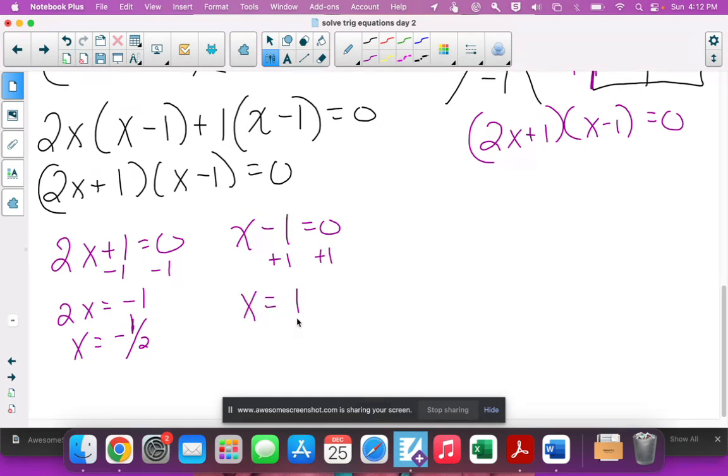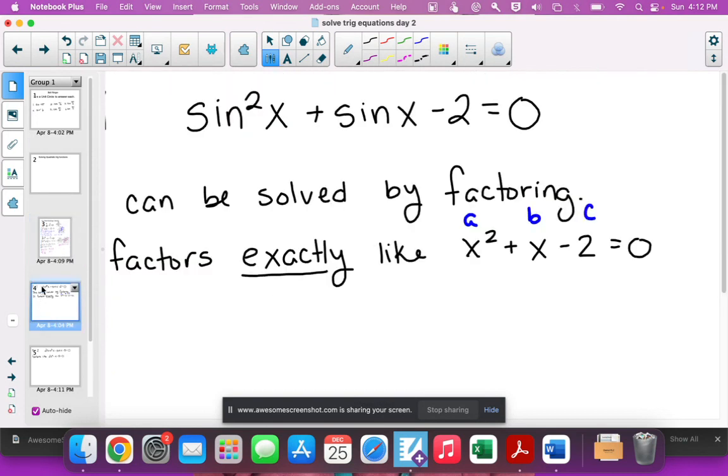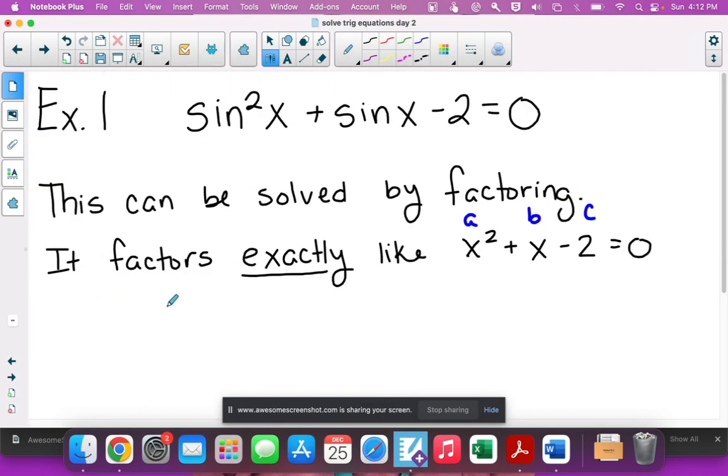Now you're going to do the exact same thing with trig functions, okay? And they factor the exact same way. So we're just adding words in there. That's all we're doing. So let's see what this looks like. Okay, so we have sine squared x plus sine x minus 2.